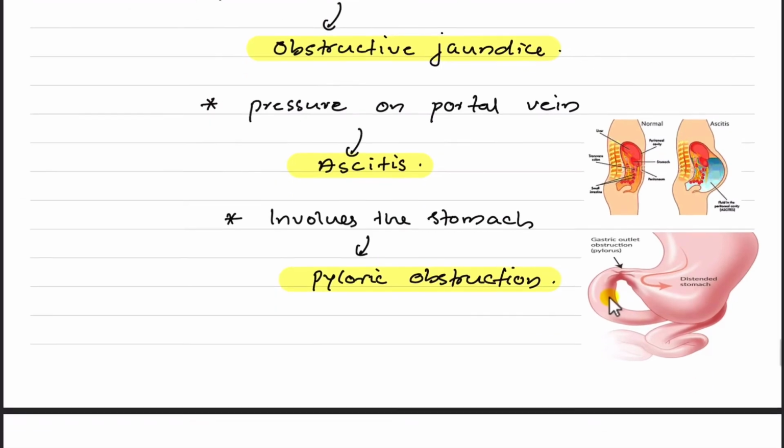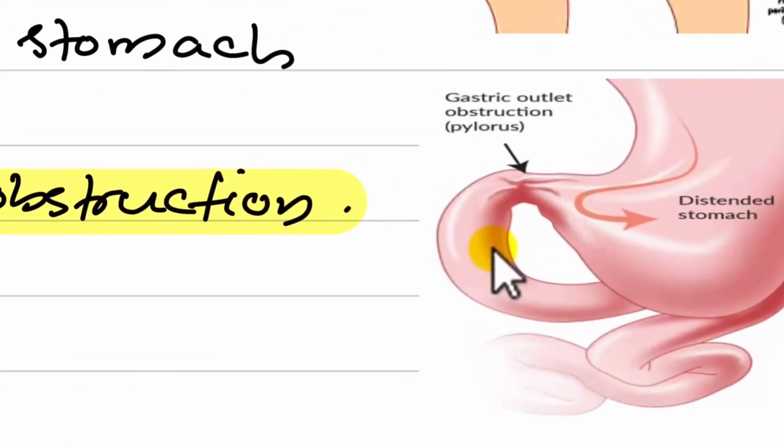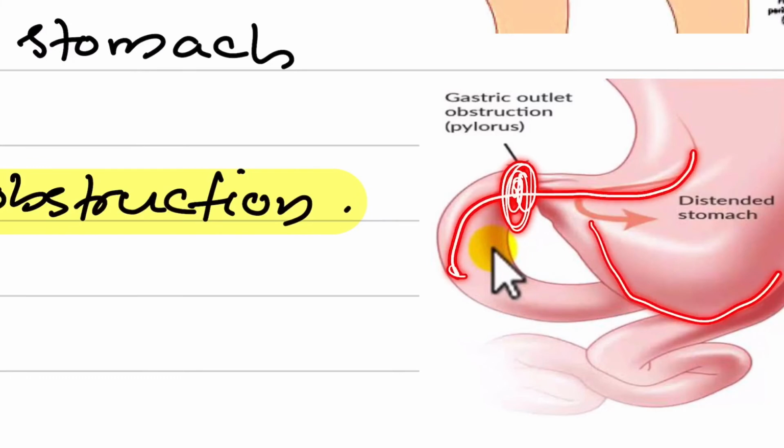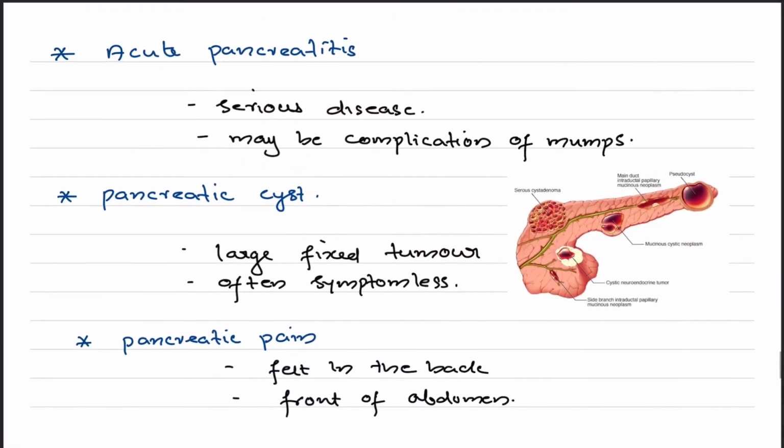Okay. Now, if it involves the stomach, it leads to pyloric obstruction. See, if the cancer is compressing this area, here it's obstructed, so the food can't pass through this, which leads to stomach distension.